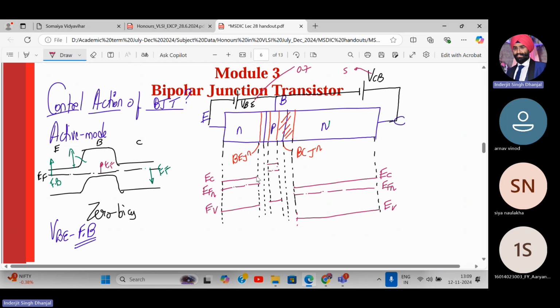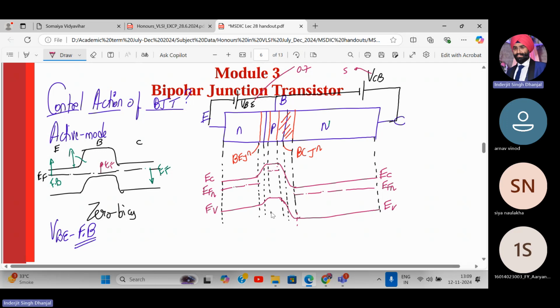Now we have to join them together, right? Like this, with smooth continuity, and this will be larger. Like this. Getting it? This I should have drawn slightly above, like this.